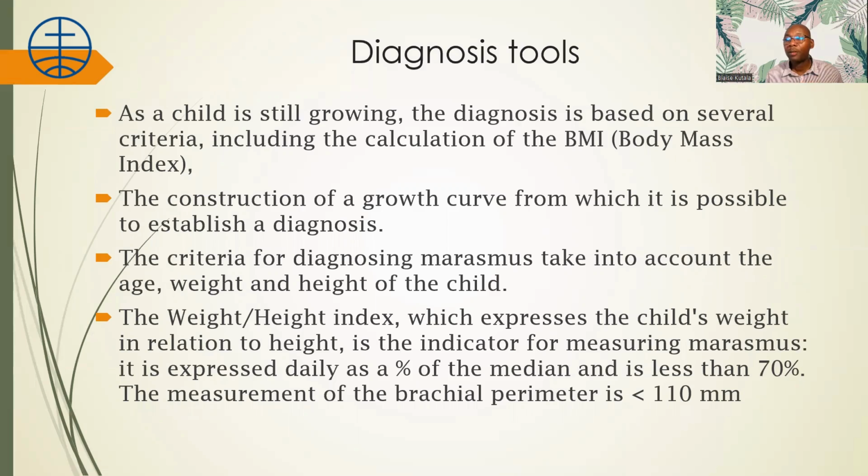The criteria for diagnosing marasmus take into account the age, weight, and height of the child. The weight per height index, which expresses the child's weight in relation to height, is the indicator for measuring marasmus.